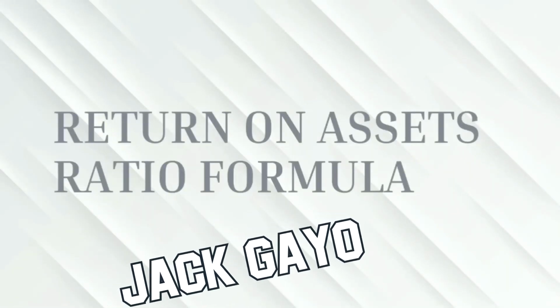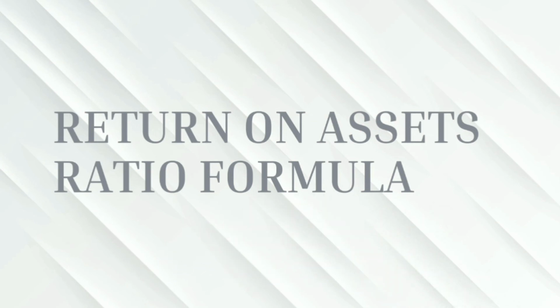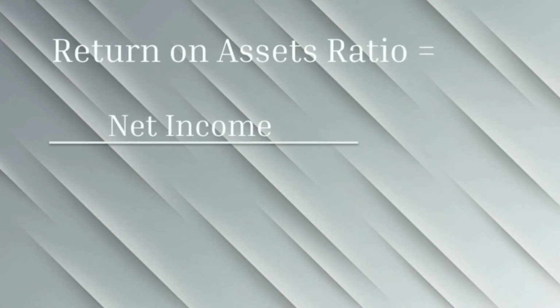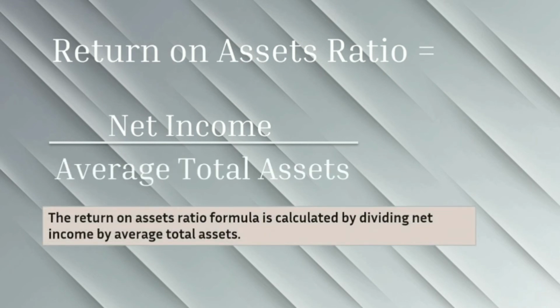So for today, we will tackle the return on assets ratio formula. The return on assets ratio is equal to net income over average total assets. The formula is calculated by dividing net income by average total assets.